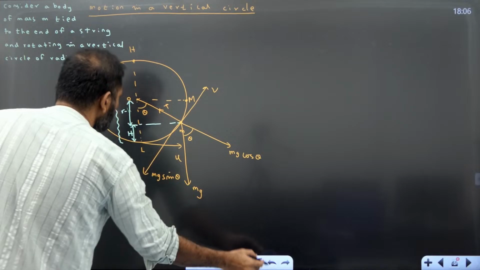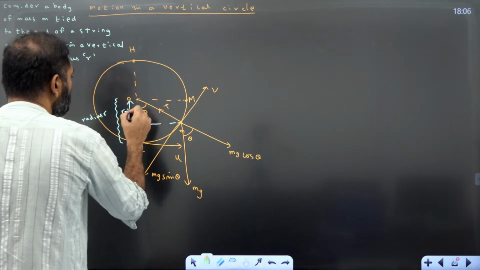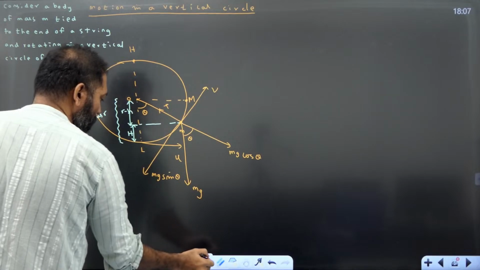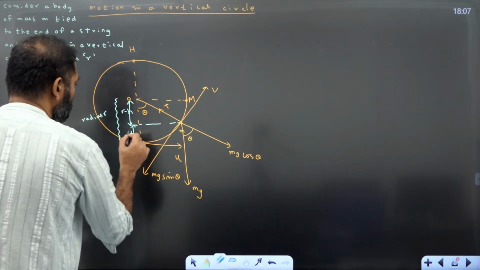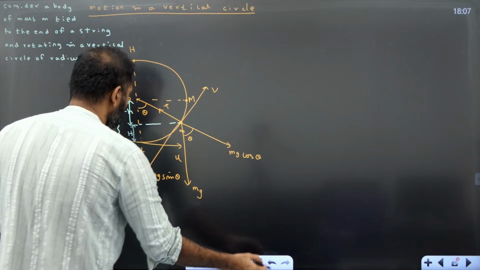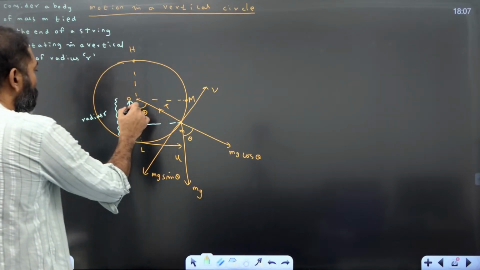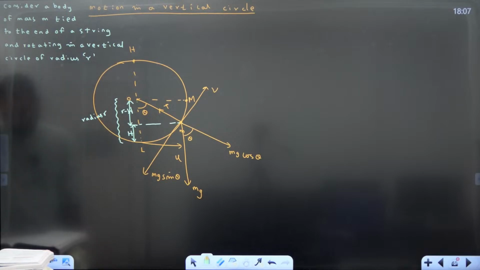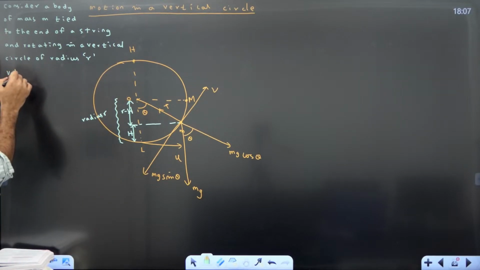This height will be R minus h. If you are giving small letter, then it is small letter h. If you are giving capital letter, then it is capital letter H. Better to give capital letter H. R minus H. Okay. First of all, we have to find out velocity at any point.